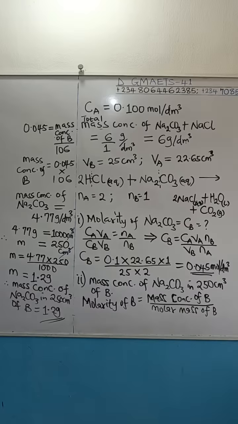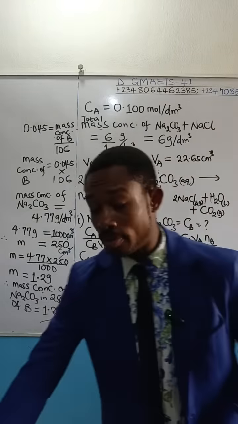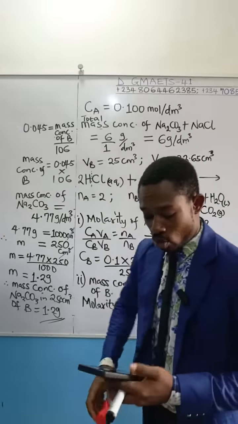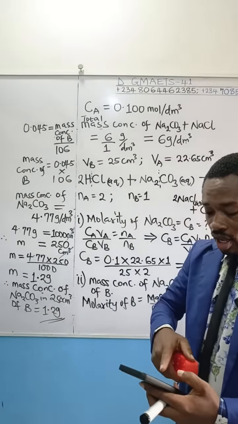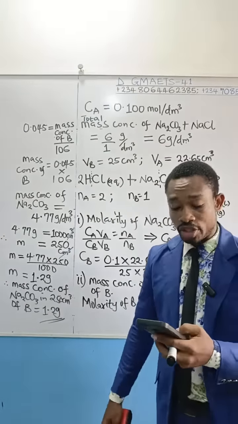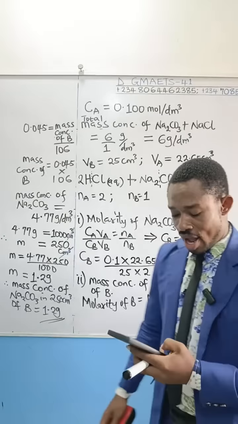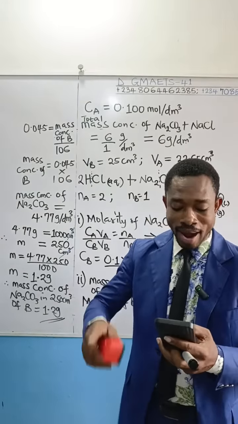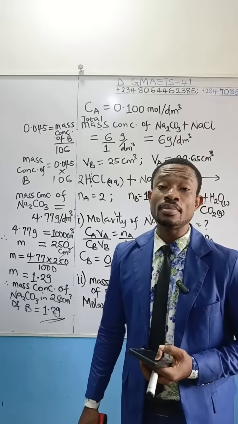All right. So I want to believe you've been able to copy this from the board. Now, before I wipe this side so we can round off the question, I'd like us to go back to that third part of the question, III. In that III, we are asked to calculate the percentage by mass of sodium chloride in the mixture.